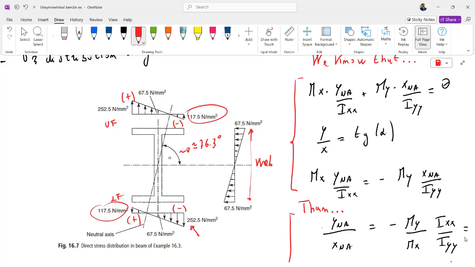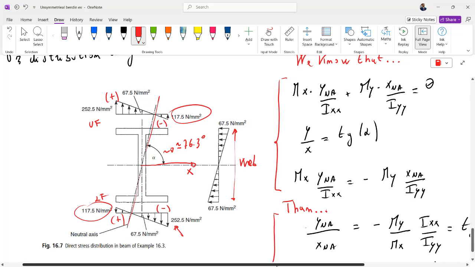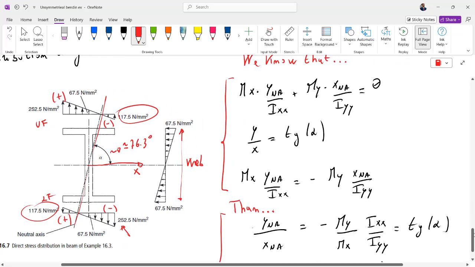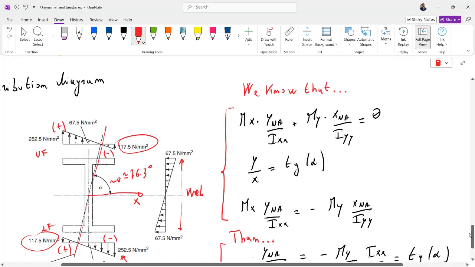But we can calculate also the inclination of the neutral axis, because in this case the neutral axis is not the x-axis, not this axis here, but this axis here. This axis has an inclination with respect to the x-axis of an angle equal to gamma, equal to alpha. So how can we calculate this angle?